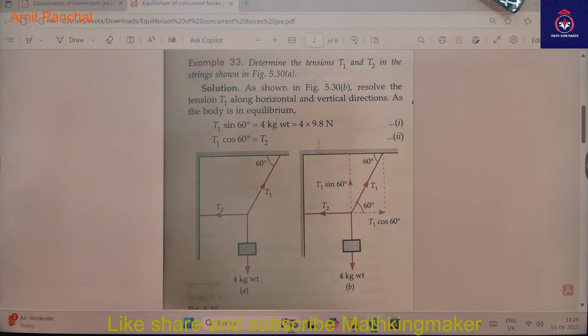Just take the figure. You need to focus only on figure A. Okay, easy. Just see.